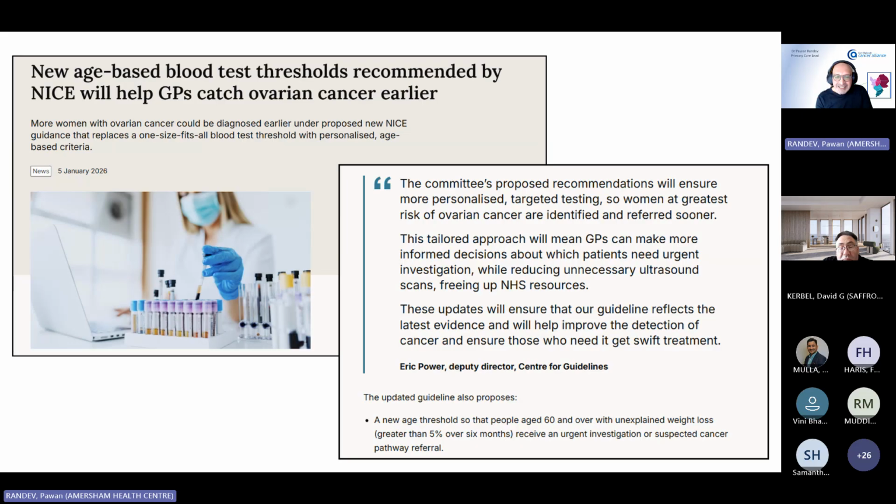I'm sorry, but I can't tell you what NICE's eventual recommendation is going to be because this closed at the end of January. And what it does mean is please look out for this because when it does come through, then that is going to alter the way that we see CA125 on an age cancer risk profile.